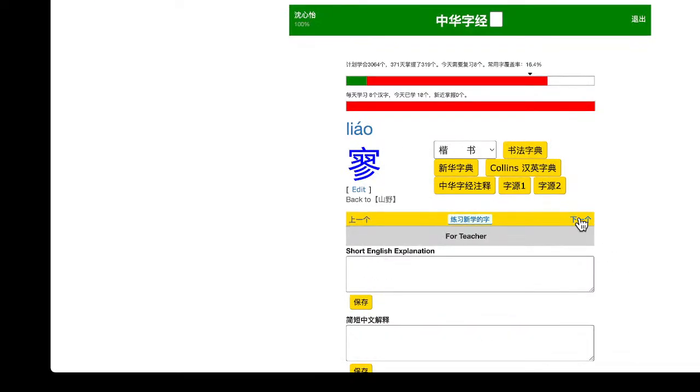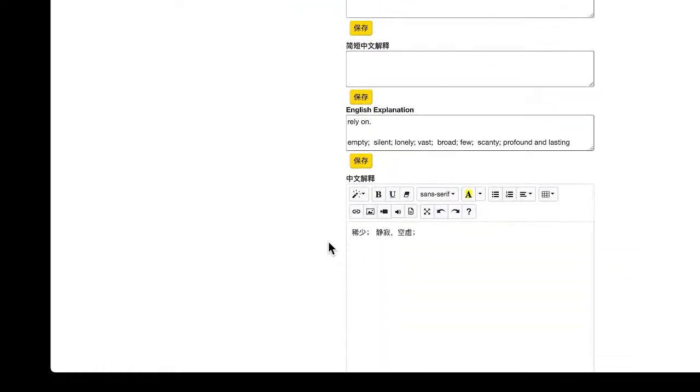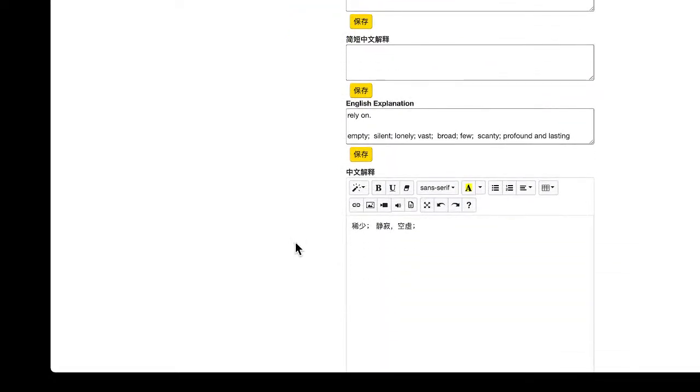Next one, 寥. 寥 means empty, silent, and lonely. Or means broad, vast, and profound, lasting, hollow, vain.